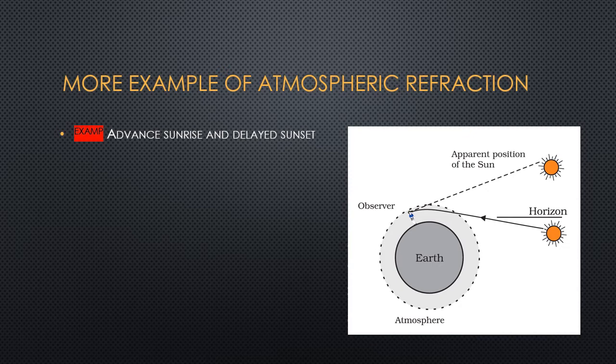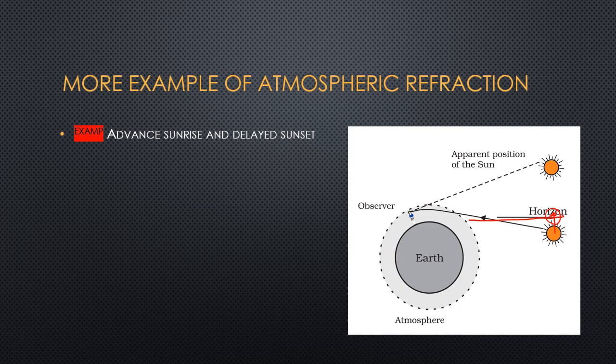When I say actual sunrise, I mean the actual crossing of the sun above the horizon. This is your horizon. When the sun crosses this horizon, we say it's an actual sunrise. Because of atmospheric refraction, you are able to see the sun before the actual sunrise. That we say is an advanced sunrise.